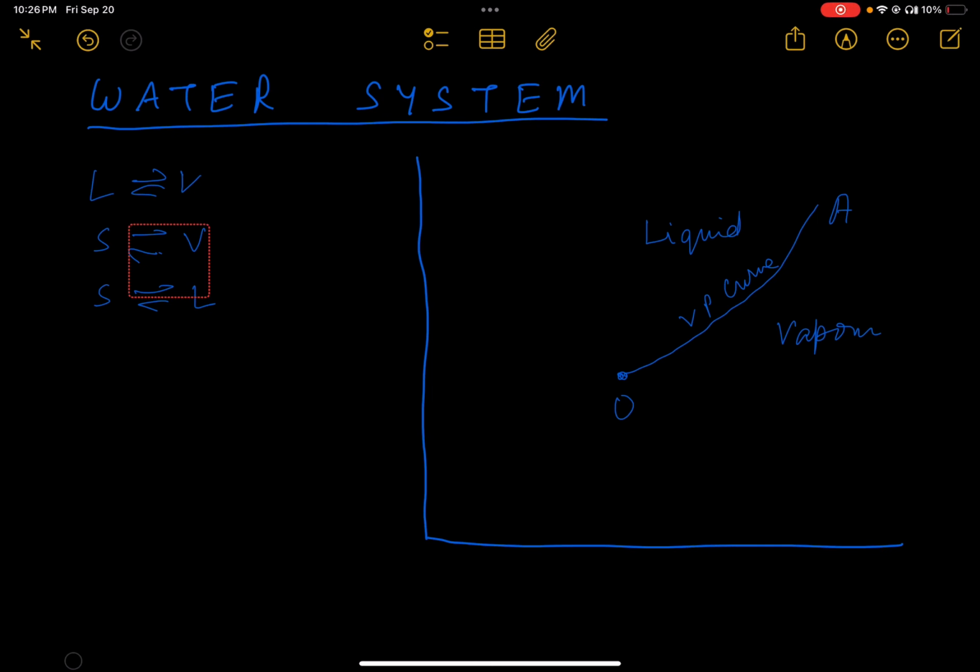Let me take another curve OB, which represents equilibrium between solid and the vapor state. This curve is known as sublimation curve.